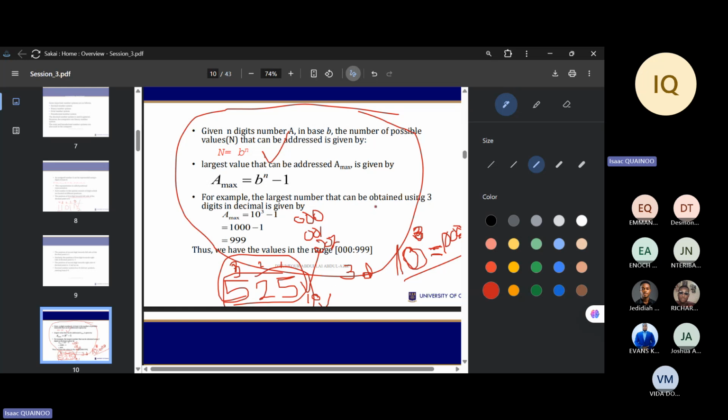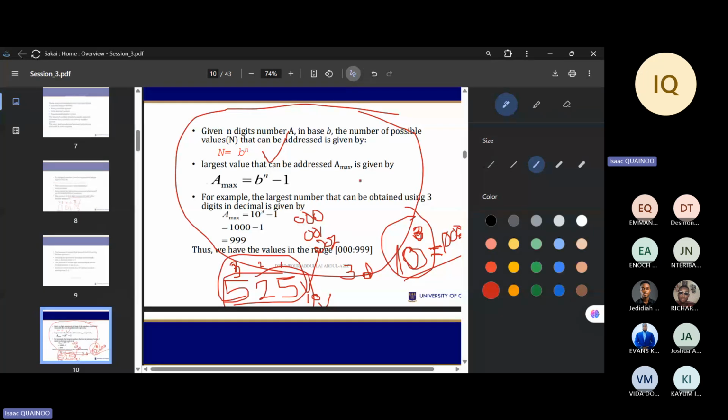So again, if you want to find the largest number that can be accommodated within that particular number system with those digits that we specified, for this particular scenario, we are saying that the largest number that can be represented here will be the radix raised to the power of the number of digits, which gives us the number of representations.